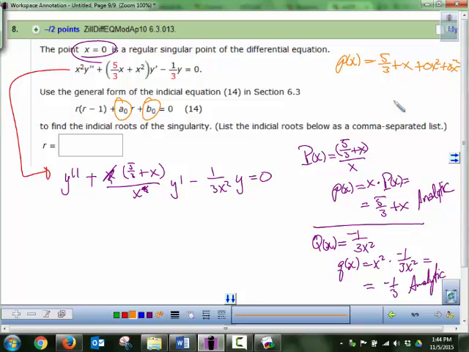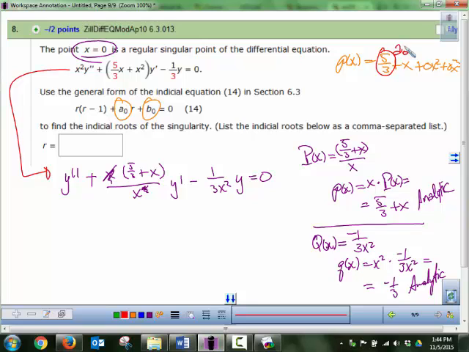Remember, A naught is just the first term, the constant term of the power series.